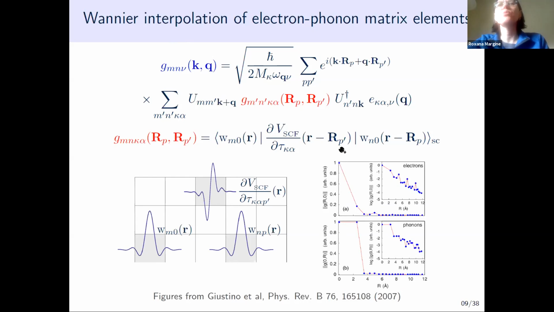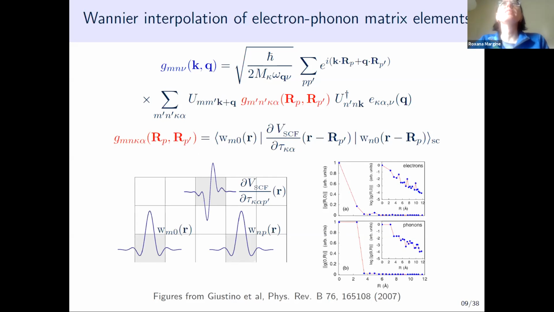The first case is when Rp prime equals 0, which means that the Wannier function on the left and the localized phonon perturbation are located in the same unit cell. In the second case, Rp is equal to 0, which means that the 2 Wannier functions belong to the same unit cell.